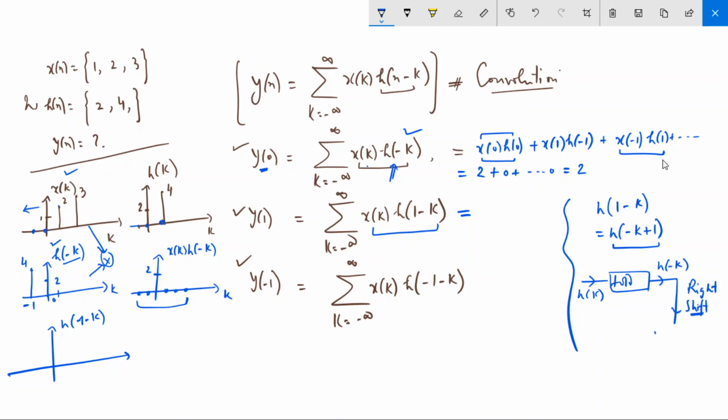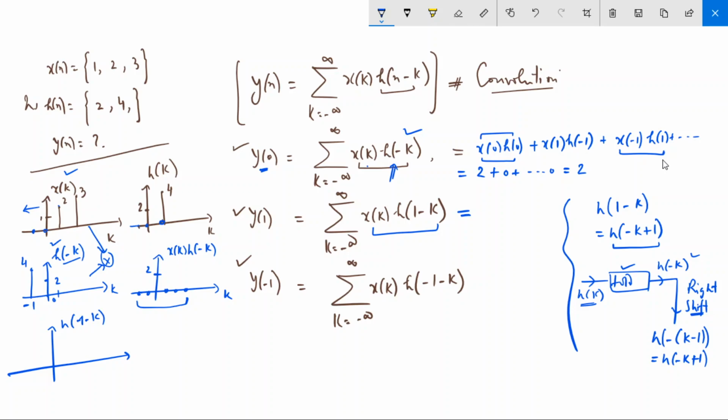So it will become h of minus of k minus 1. This is first fold, then shift to the right. So it will become h of minus k plus 1. Okay. So if you are already using the folded signal and you have to generate 1 minus k, it means you have to shift it to the right by 1. It will become h of minus k plus 1.